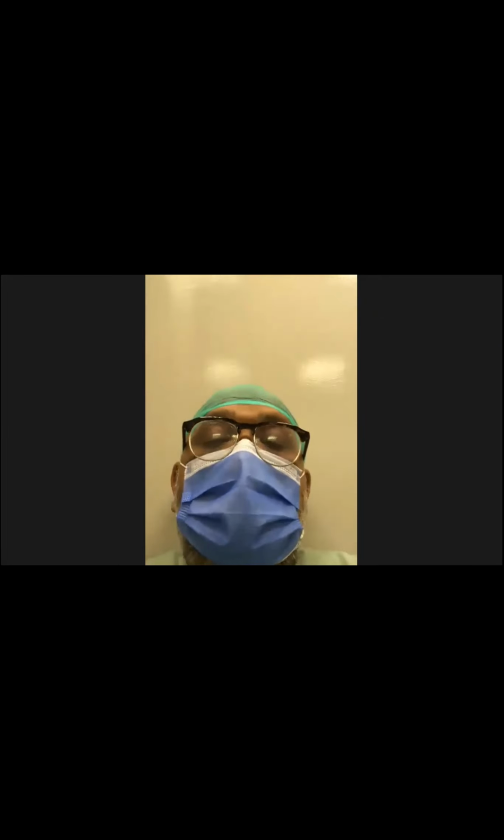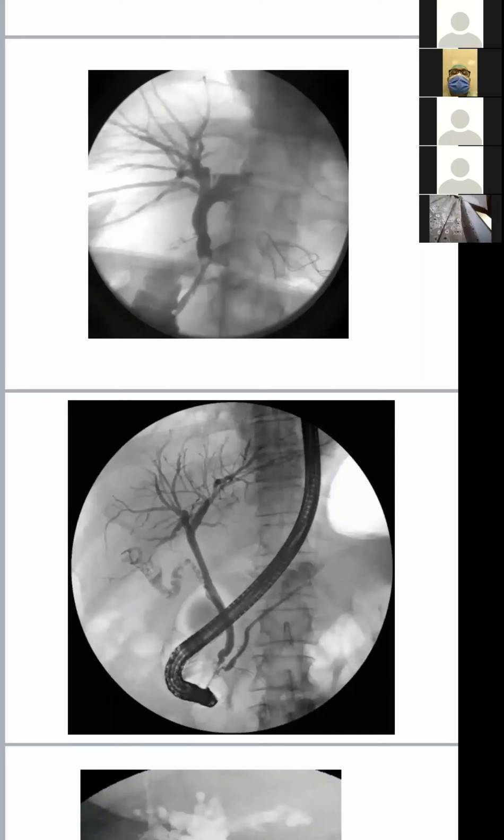The treatment for cholangitis because of a stone in the CBD is ERCP, which is known as endoscopic retrograde cholangiopancreatography. In this, a scope is passed through the mouth, through the esophagus, through the stomach into the duodenum, and then we enter the ampulla, and you can see in the first film there is the whitish shadow in the CBD, which is at the lower end.